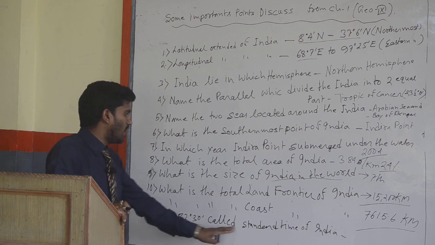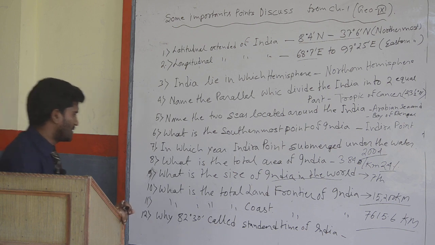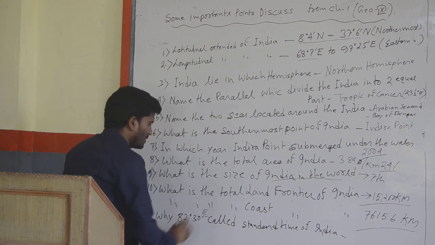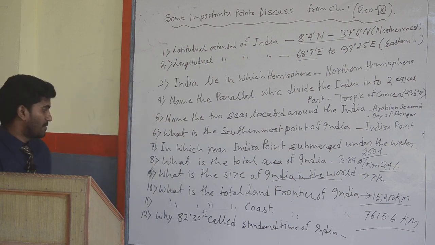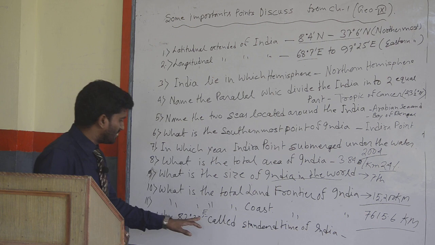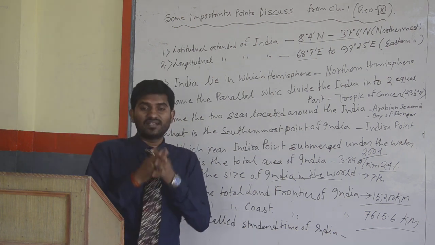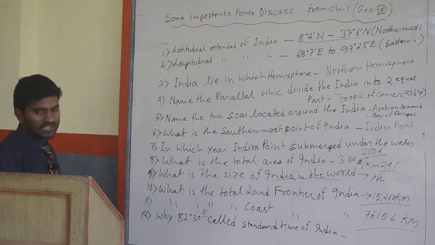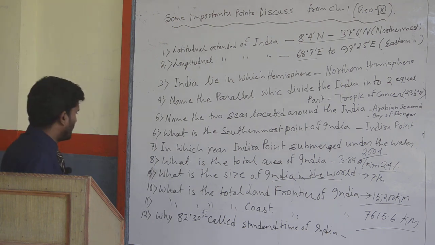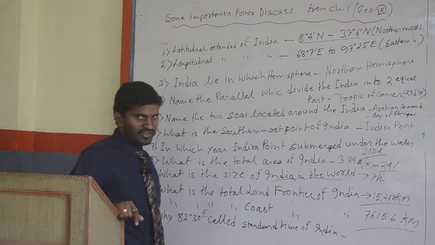Why is 82 degree 30 minute called the standard time of India? Because 82 degree 30 minutes east is situated in the center of the country, namely Mirzapur in Uttar Pradesh, and that's why 82 degree 30 minutes east is called the standard time of India.